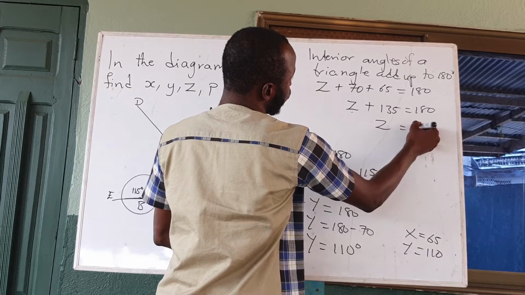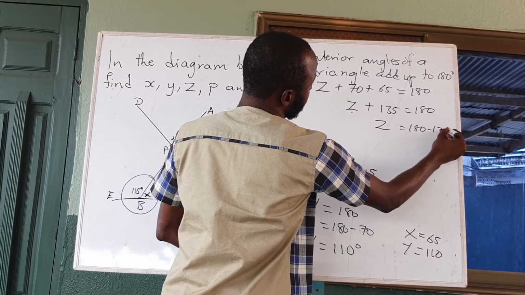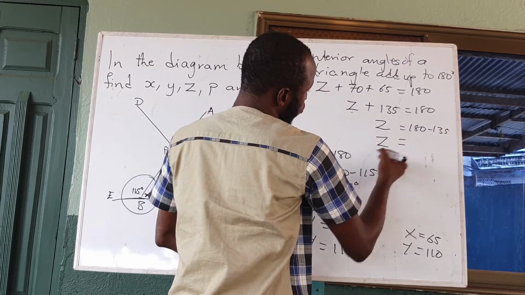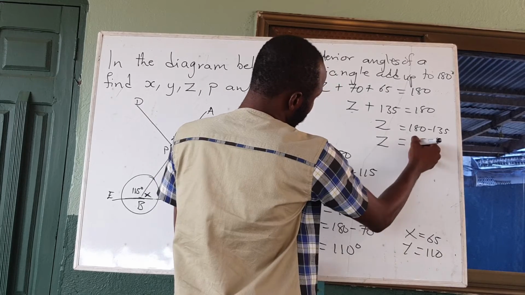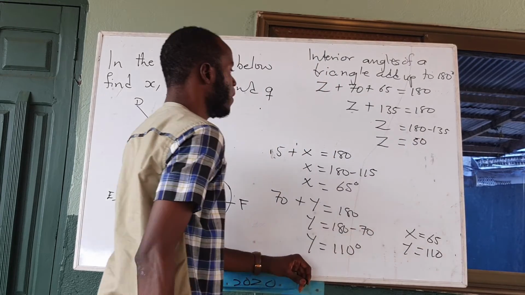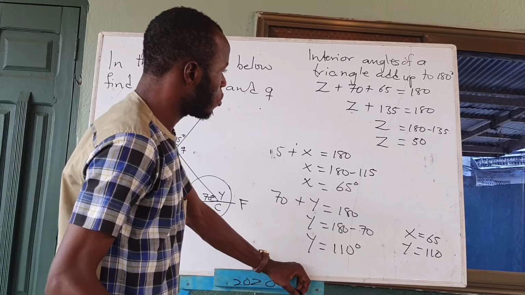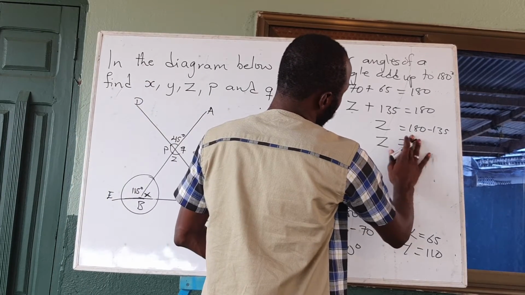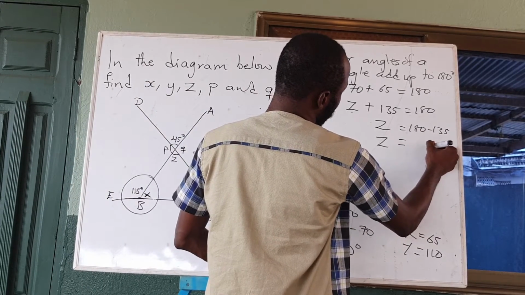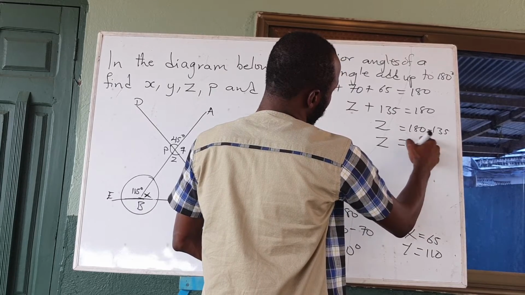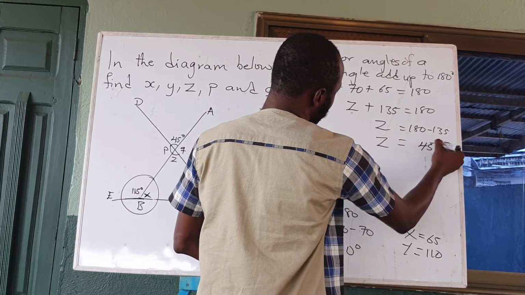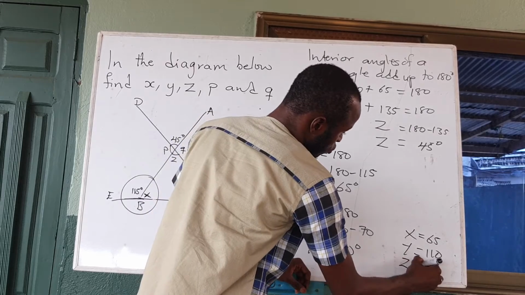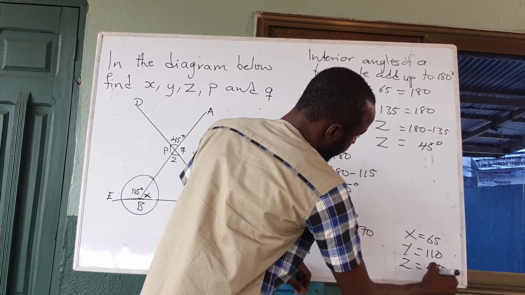So z will be equal to 180 minus 135. So z will be equal to 45 degrees.